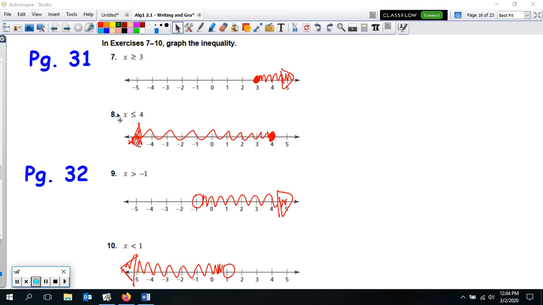If your number is first, then it really is the opposite. So I would only look at it that way if your variable is first, then you can look at that as saying, okay, my shading is going this way. But I would always just read it from wherever your variable is. X is less than or equal to 4. That way you definitely can hear that word less than. You know this is the less than side. Greater than side is going in the positive direction.